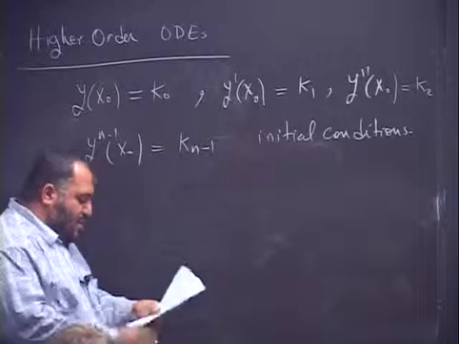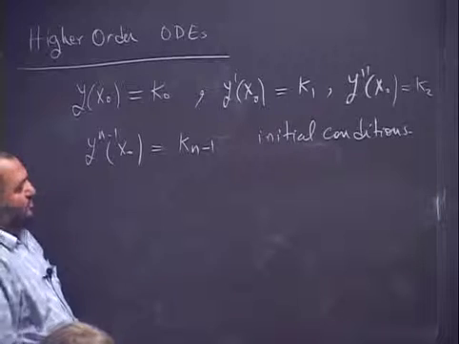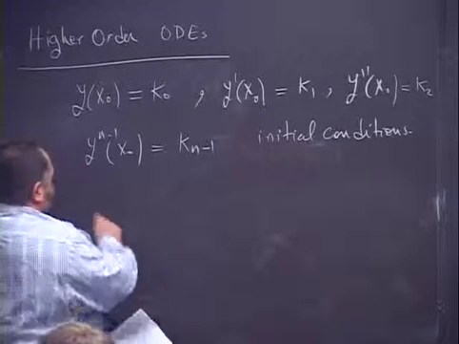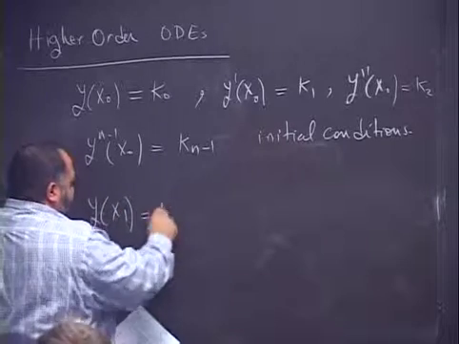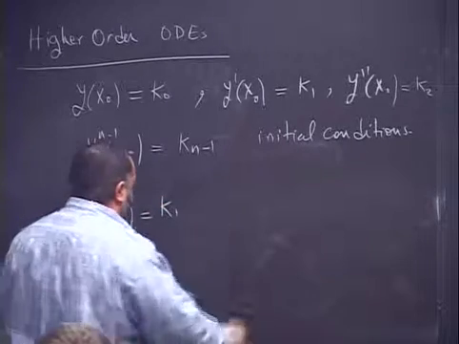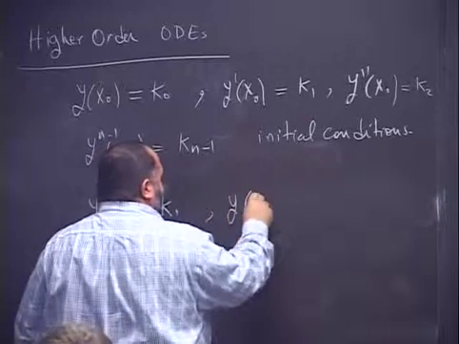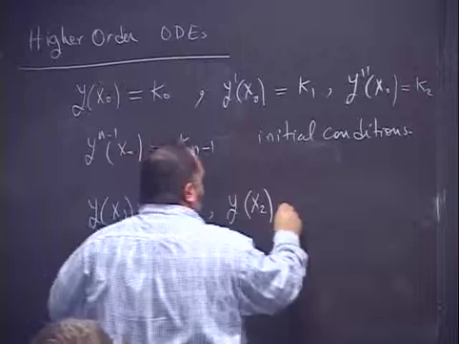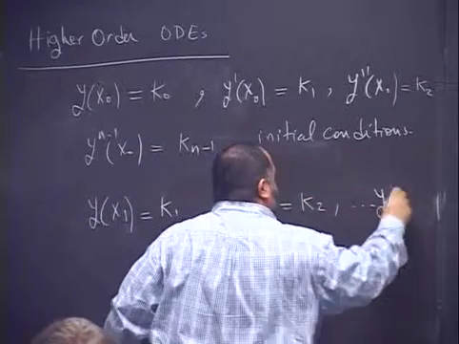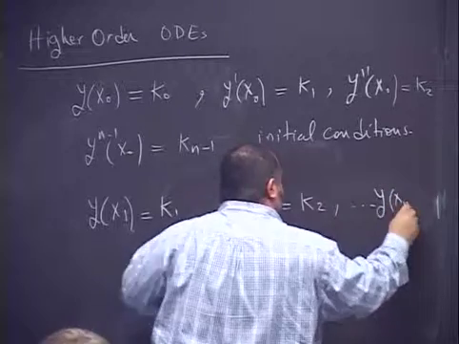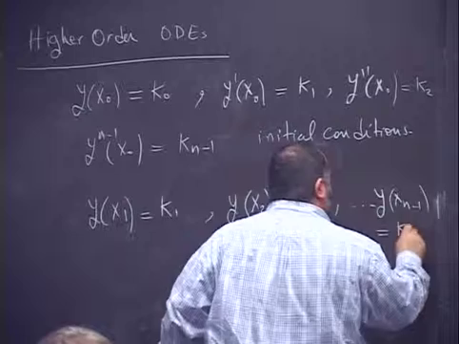So what about the boundary values, or boundary conditions? I will define y at x1 equal to k1, and then I will define the same function y at x2, and this will be k2, and I will define y at x n minus 1, for example, and this will be k n minus 1.